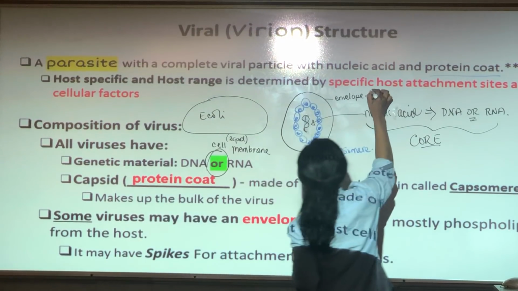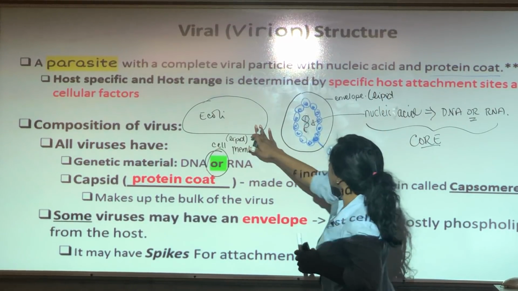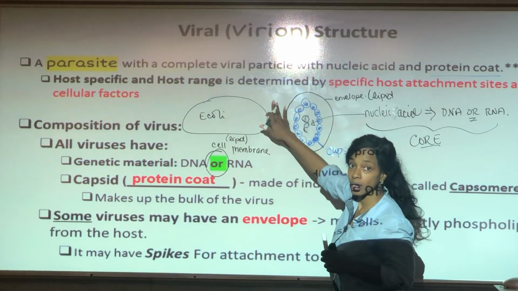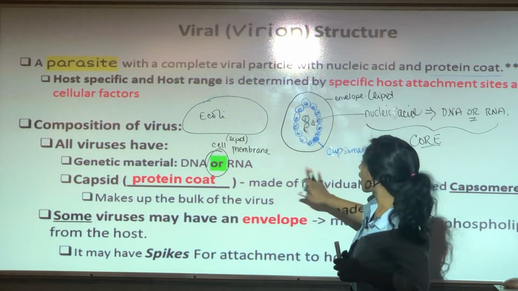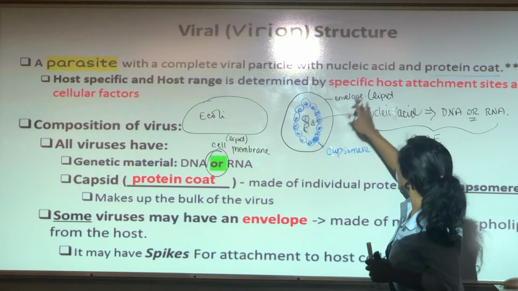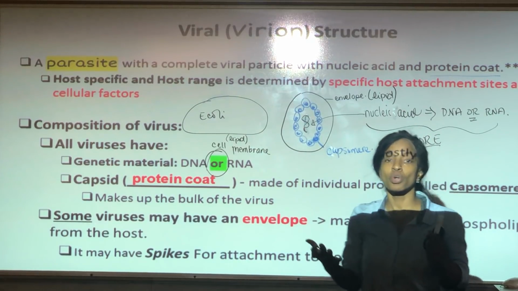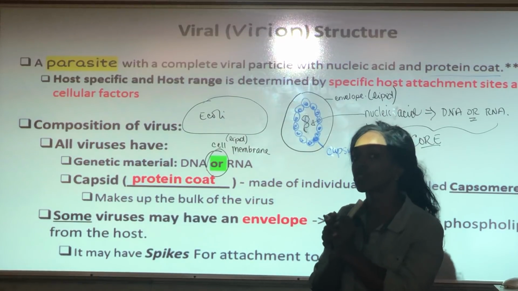And the envelope here also has the same lipids. So what happens if E. coli, with its black lipid structure on the outside, sees this virus with the same black lipid structures on the outside? It's going to think it's one of them. So it makes it easier for these two structures to interact with each other.